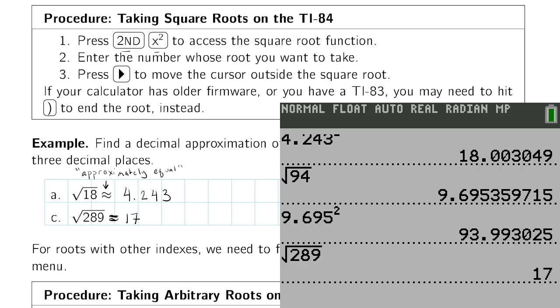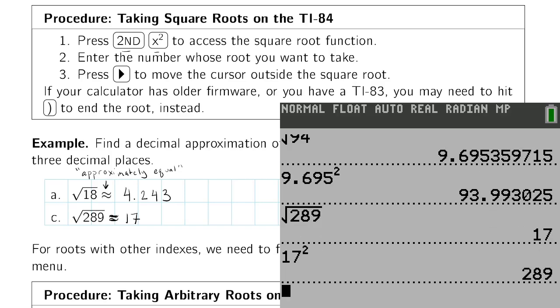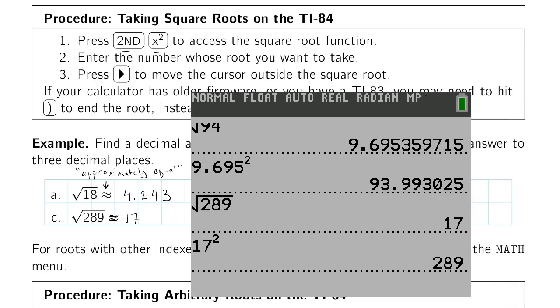Notice if I take 17 squared, I get exactly 289. So if it happens we have a perfect square and we throw it into the calculator, it will give us the correct integer square root.